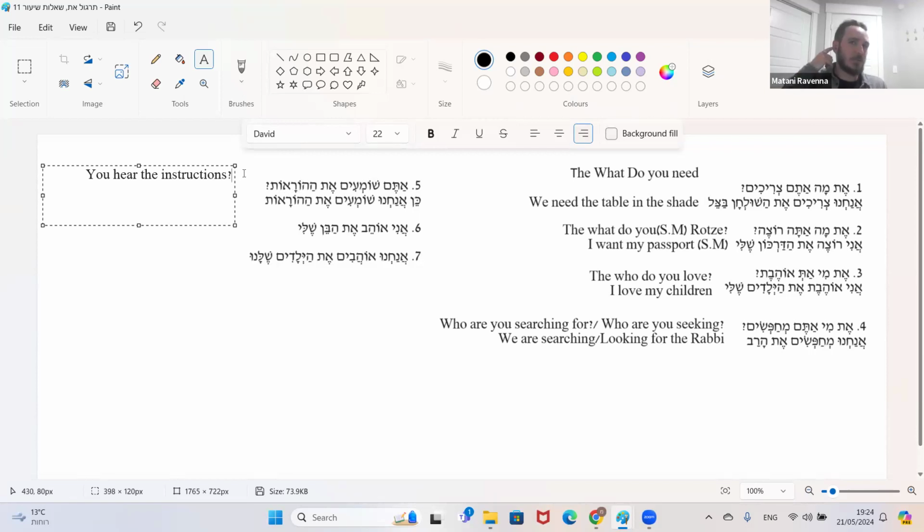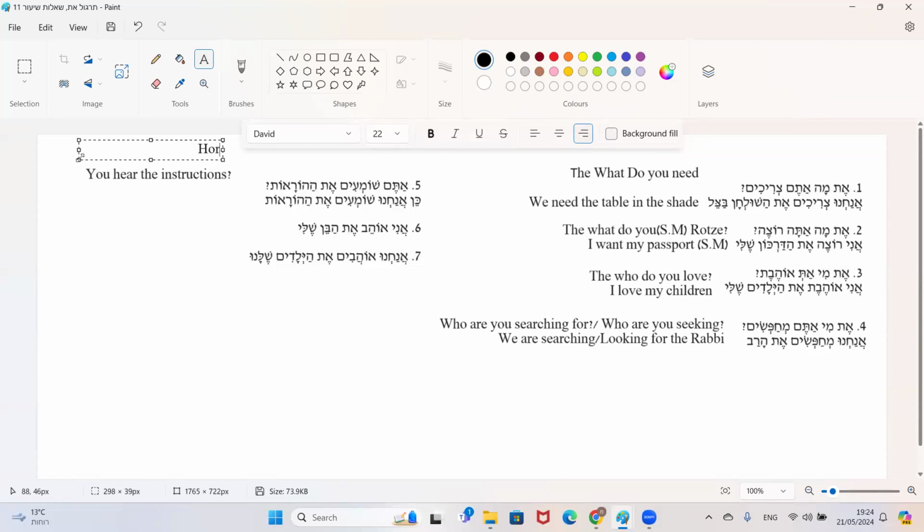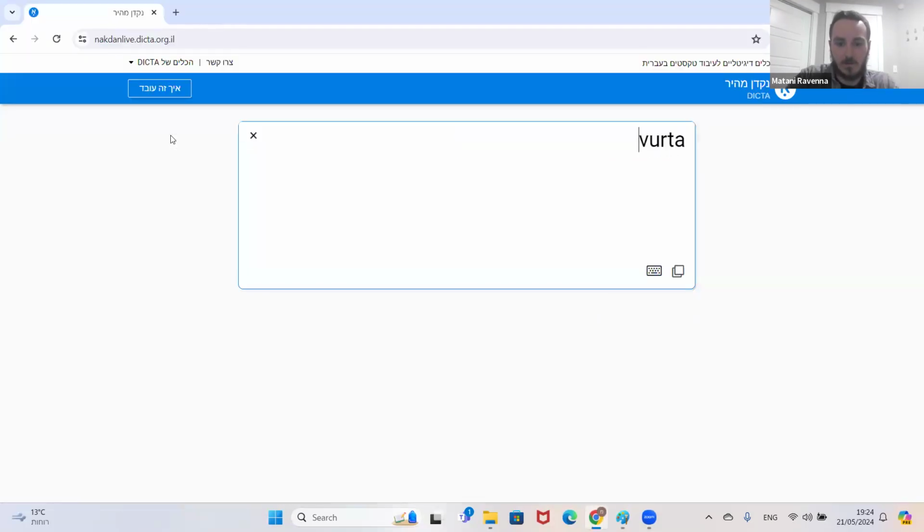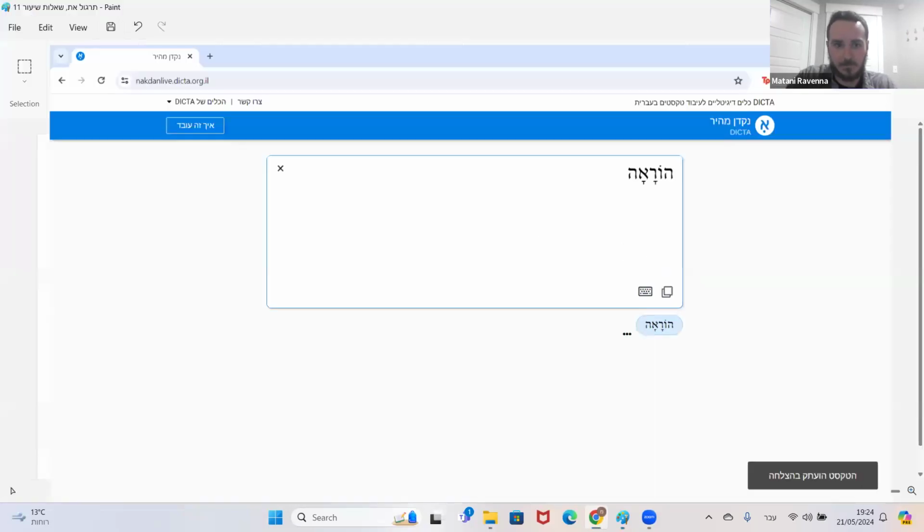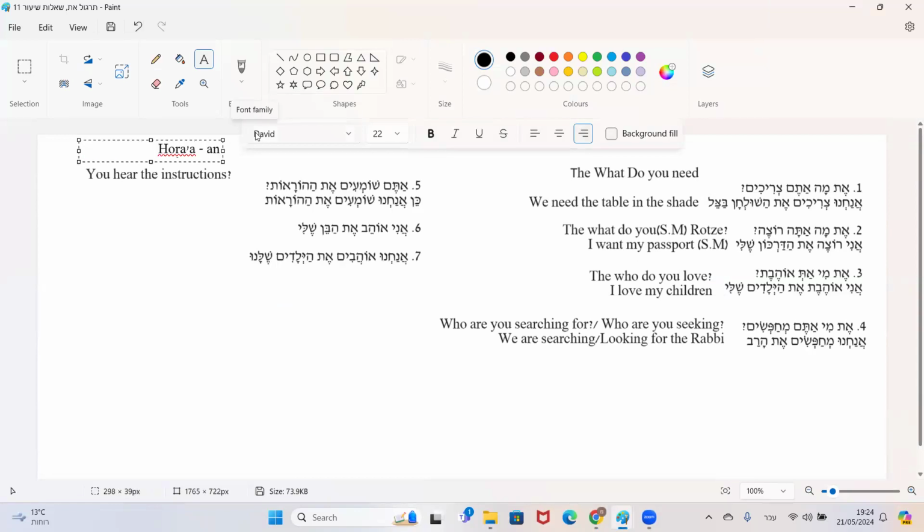And we can already hear that horaot is plural female, because a singular instruction is hora'a. I'll write it down beneath or above. An instruction, hora'a.